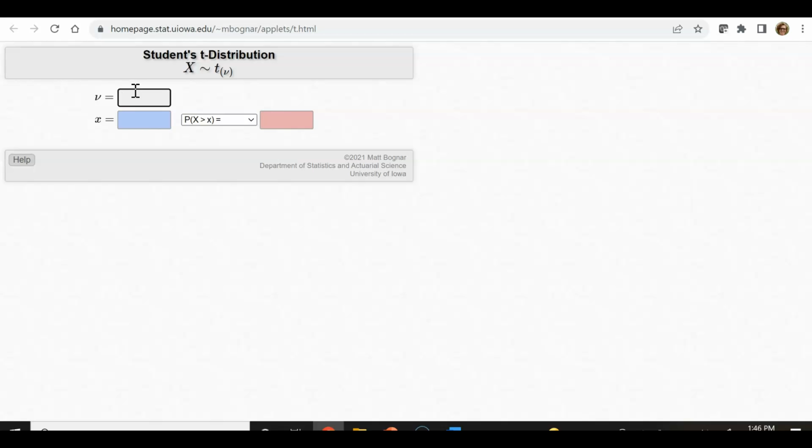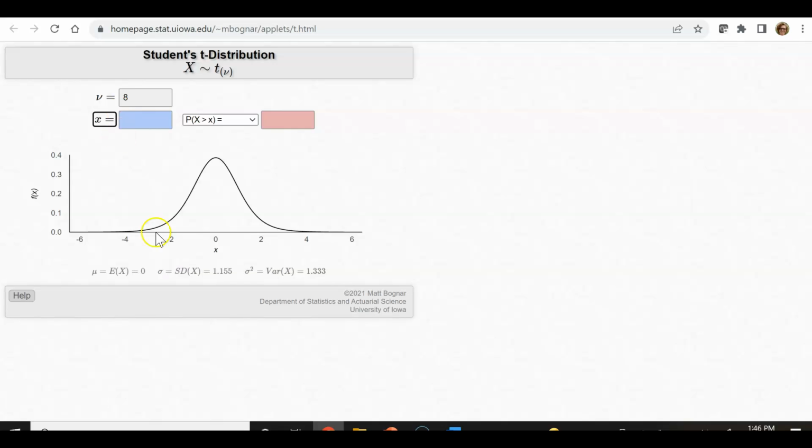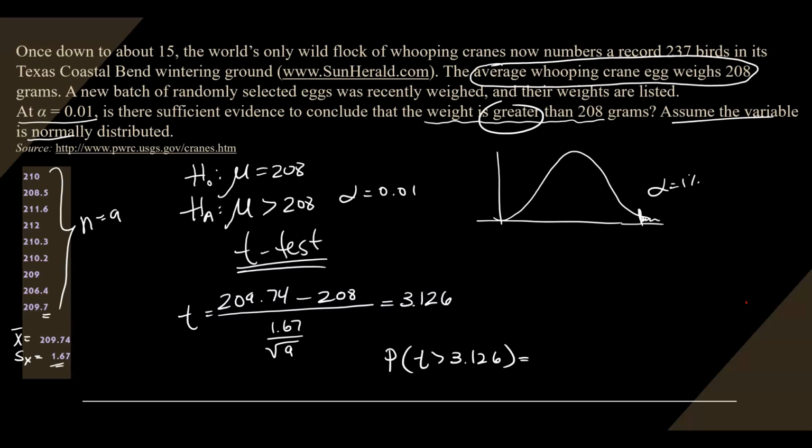I had 9 eggs getting weighed, so I have 8 degrees of freedom. Once I have that, there is my curve. My t statistic that I ended up with was 3.126, and it is greater than because that was a right tail, and the probability for that is 0.007. Less than 1%.